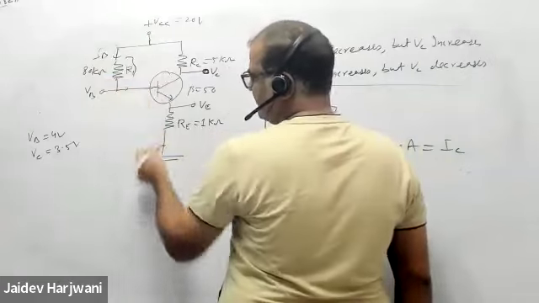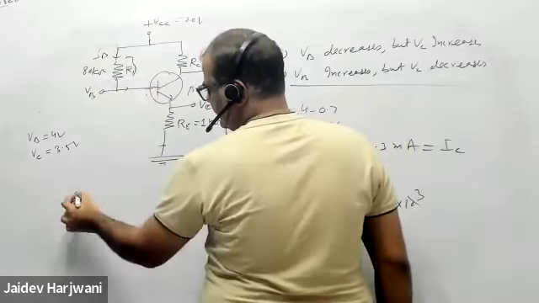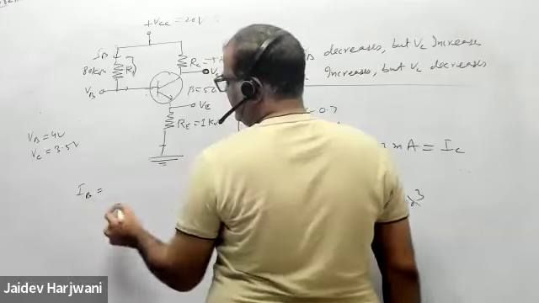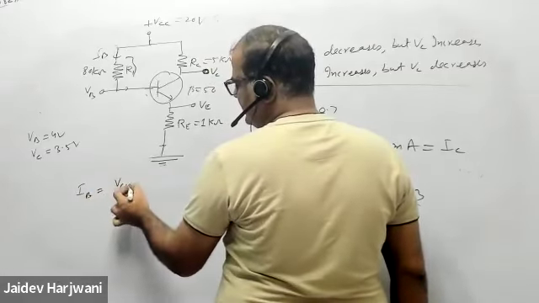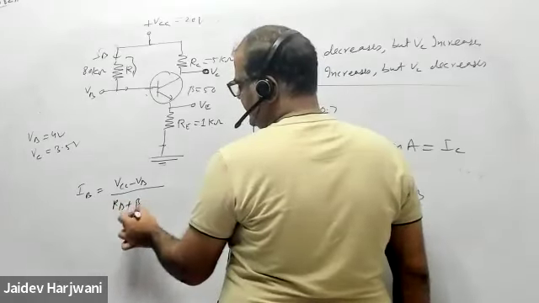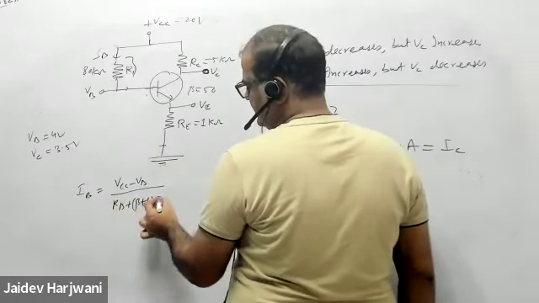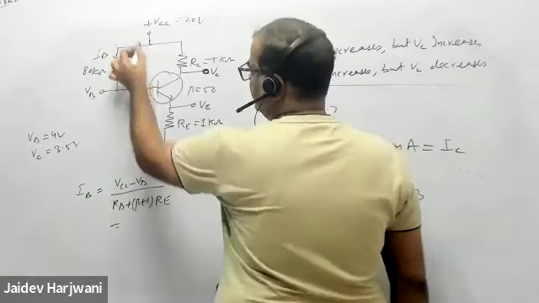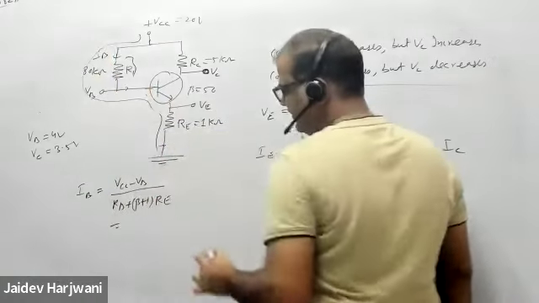Now it has become a simple circuit. So IB will be what? IB will be VCC minus VBE, divided by RB plus beta plus 1 times RE, because now the circuit becomes like this, a feedback circuit.